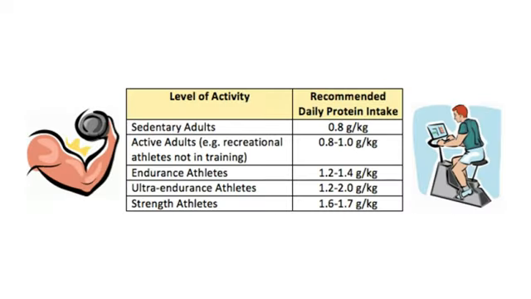To review this briefly, sedentary, that is non-active adults, will generally require lower protein intake, which is roughly the number that we gave earlier of 0.8 grams of protein per kilogram body weight. Active adults should consume roughly 1 gram of protein per kilogram body weight per day. Meanwhile, strength training and ultra-endurance athletes, such as elite runners or elite marathoners, should consume anywhere from 1.6 to 2 grams of protein per kilogram of body weight per day.